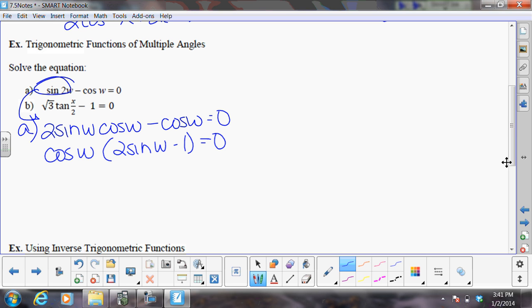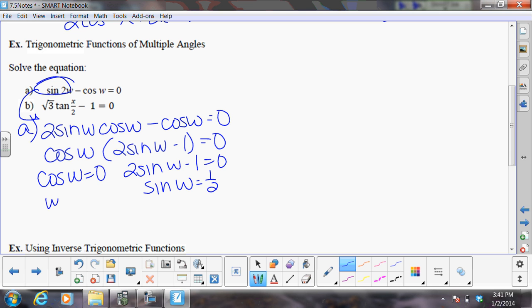And set each of these equal to 0. Well, one is cosine 0, 90 and 270. One is sine a half, at 30 and 150.